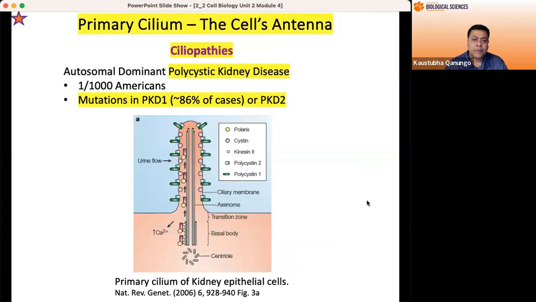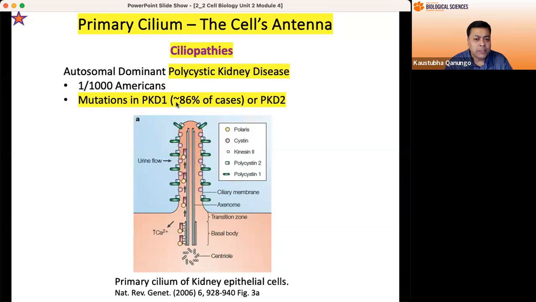These are some of the ciliopathies, some of the diseases that happen when you have problems in here. These are some of the mutations that happen with PKD1. This is called polycystic kidney disease, PKD1 and PKD2. These actually sense the urine flow, and PKD1/2 needs to be delivered from the cell by the cargo anterograde movement to the cilia and the flagella.